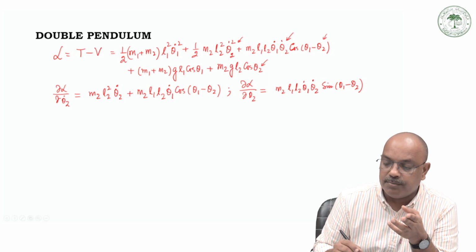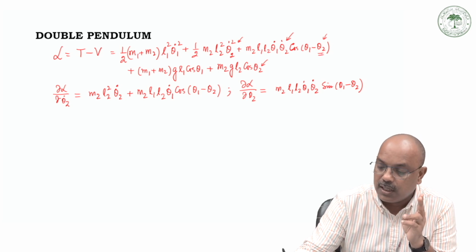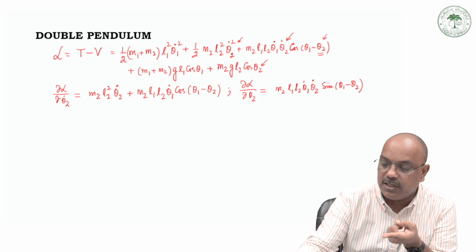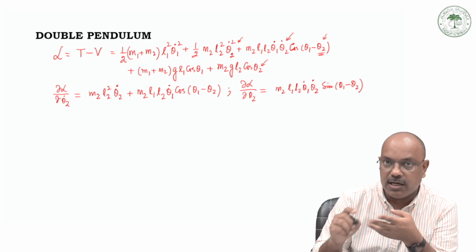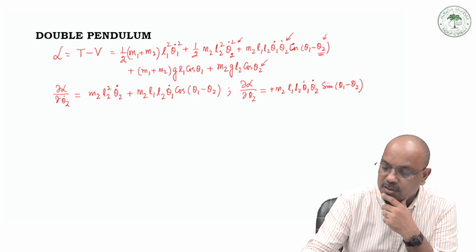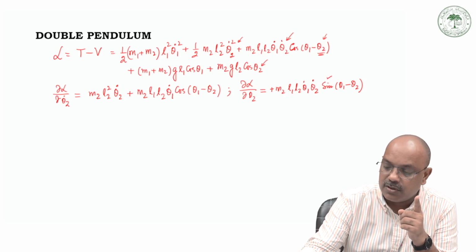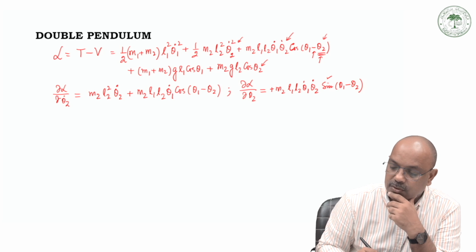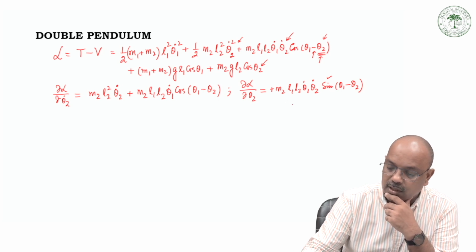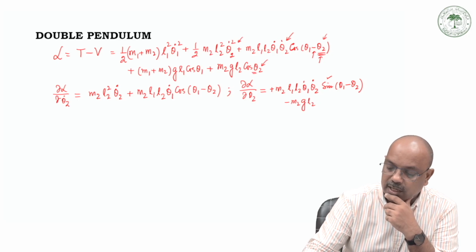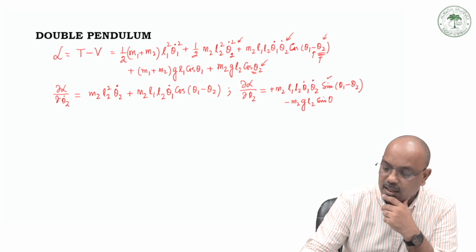Because I am differentiating with respect to theta 2, the cos gives a minus sign, but because of the theta 2 with the negative sign inside, that minus becomes plus. So this is my d theta 2 term, and this term will come from here. This is minus m2 g L2 sine theta 2, because cos becomes sine.